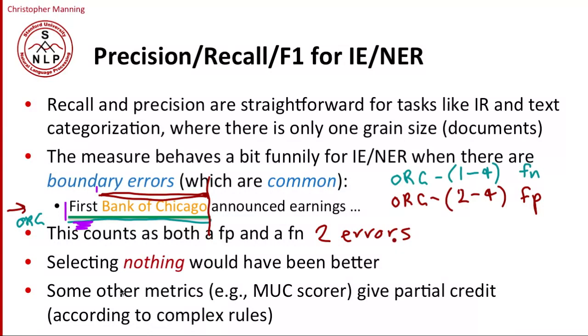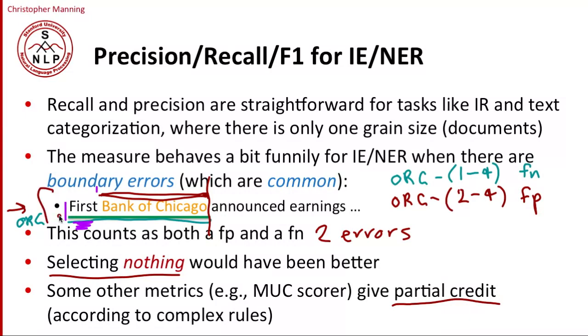And so actually the system would have scored better in an F1 evaluation of named entity recognition by having labelled nothing. Now that can easily seem kind of wrong to you, and it has seemed wrong to other people, so there have been various suggestions to provide measures for evaluating named entity recognition systems where you get partial credit for doing things like this, for getting an entity almost right.